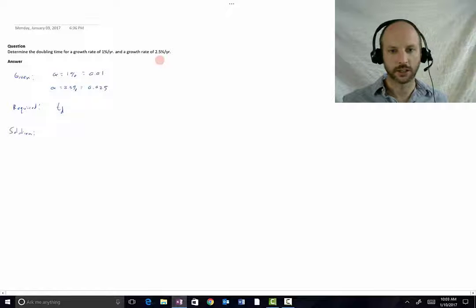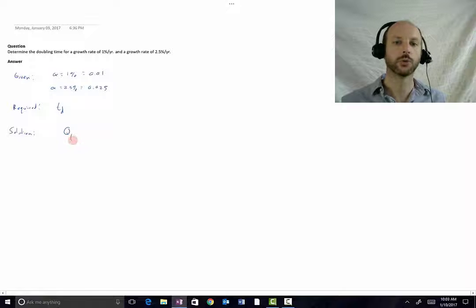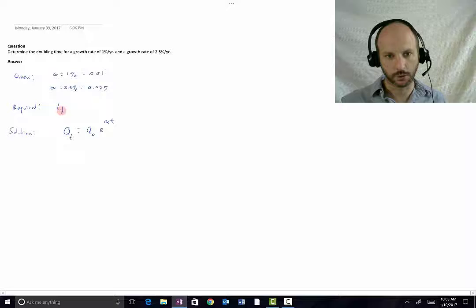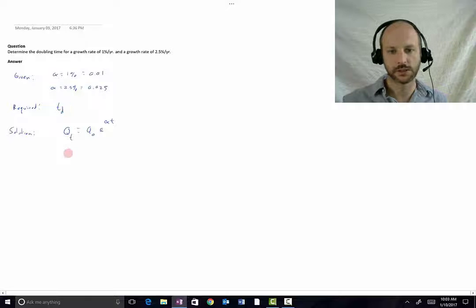If we're looking at a continuous growth model, which assumes that a quantity is continuously growing at all times, the model is the total amount at time t is equal to the initial amount times e to the alpha t, where alpha is the growth rate given in the problem statement and t is the number of time units that we have incremented related to the growth rate.